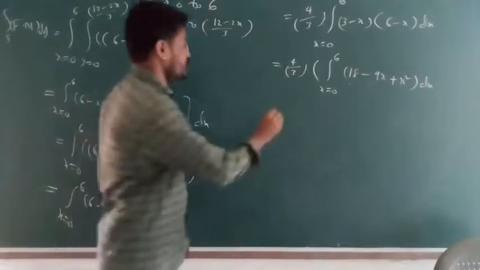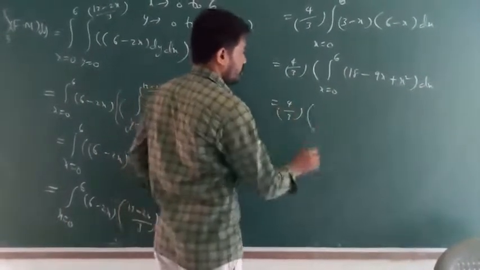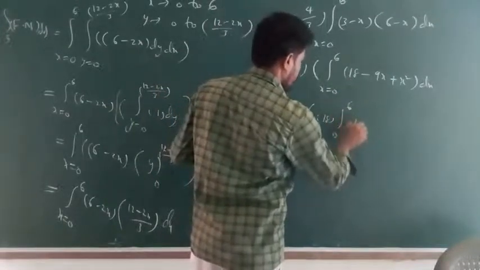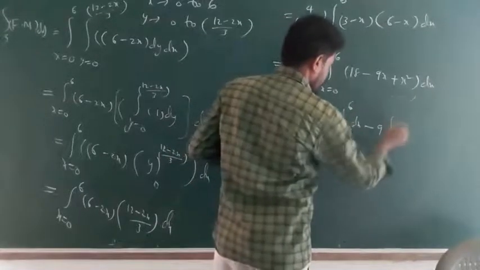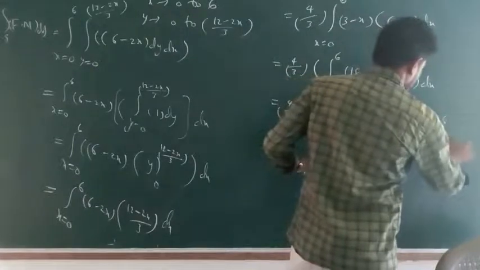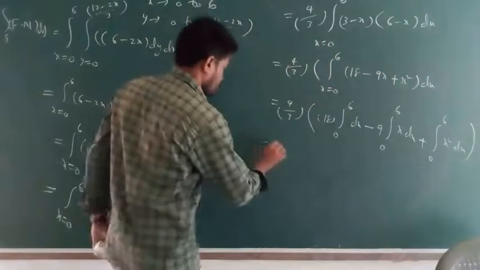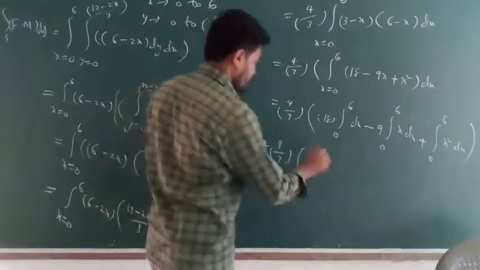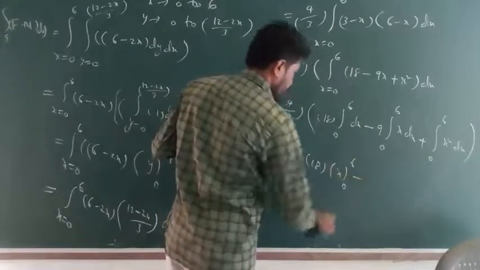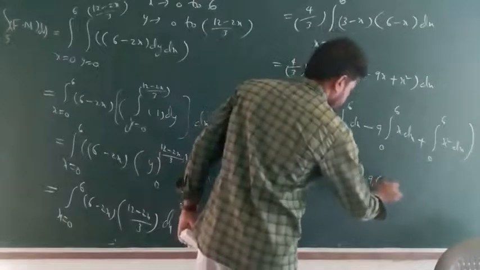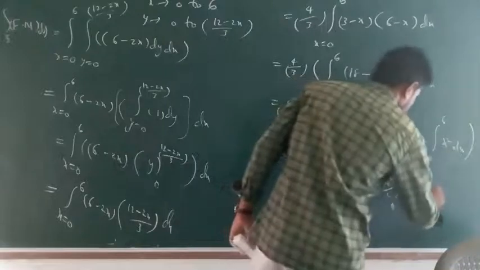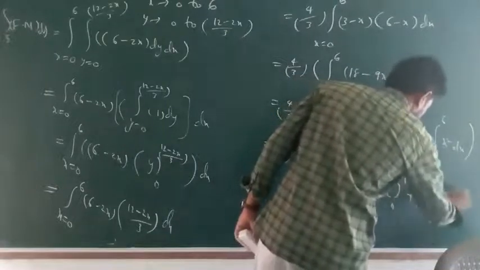Next we can apply the integration process. 4 by 3 times the integral of 18 dx from 0 to 6, minus 9 times the integral of x dx from 0 to 6, plus the integral of x square dx. So this is 4 by 3 into 18 times the integral of 1 dx, which is x, limits 0 to 6, minus the integral of x dx, which is x square by 2, limits 0 to 6, plus the integral of x square dx, which is x cube by 3, limits 0 to 6.